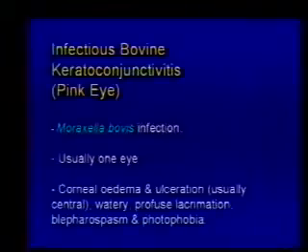Infectious bovine keratoconjunctivitis, IBK, is also called pink eye in cattle. The agent is Moraxella bovis, usually affecting one eye. There's corneal edema with ulceration, usually a central opacity or central ulceration.